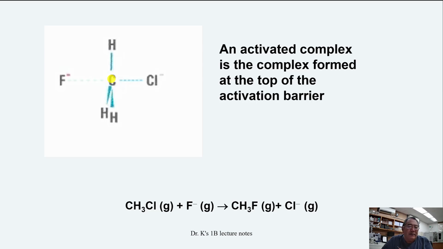Now, if you remember VSEPR theory, going back to Lewis structures and then shapes of molecules, remember we talked about we want the maximum distance between atoms to get the lowest possible energy. And that's why we get tetrahedral shapes. And in this case, this is known as a trigonal bipyramid.